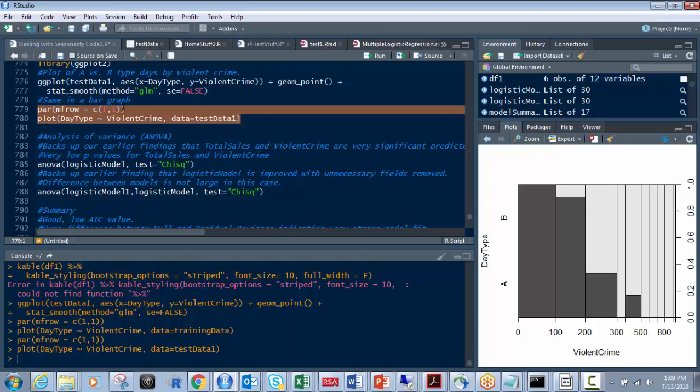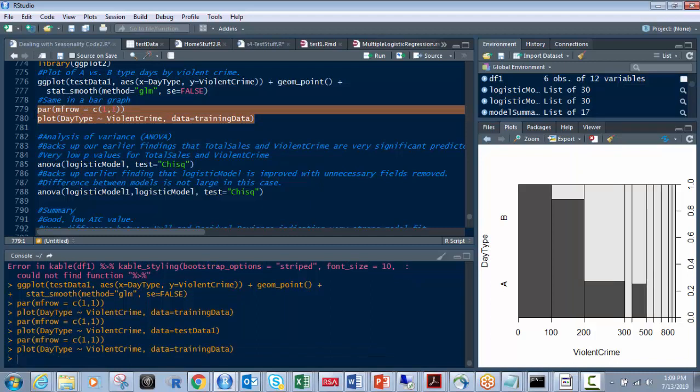If I wanted to look at the training data set, I could take that and make that training data just like that. And look, they're all basically the same. So what that tells you is that you have a clear difference between type A days and type B days, right?